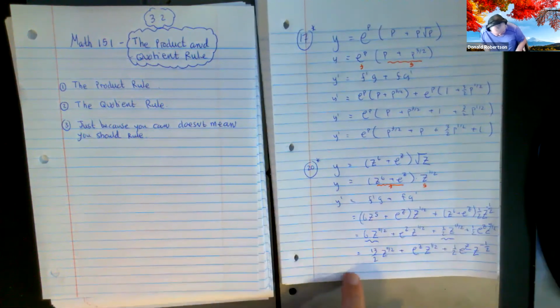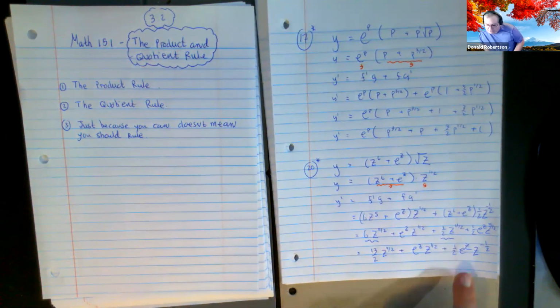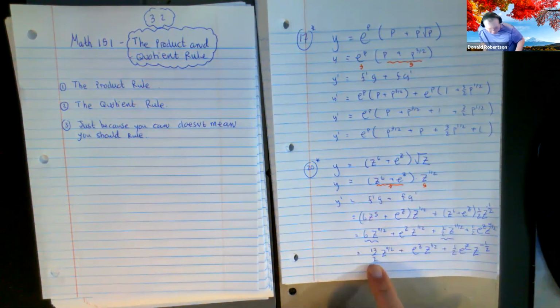Okay, I'm kind of running short of room here. Is that a good answer, or could I make it prettier? I've collected like terms, not that there was much going on that way, but I did. These two give you 6.5, which is 13 halves. But isn't there a make it look like the original rule?